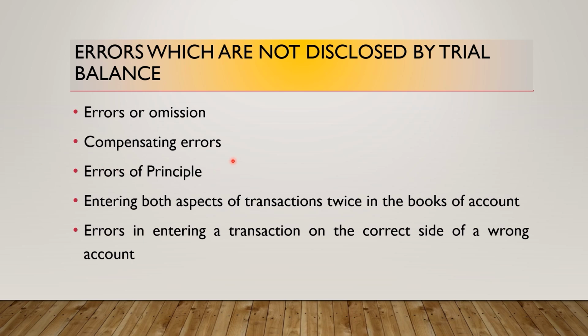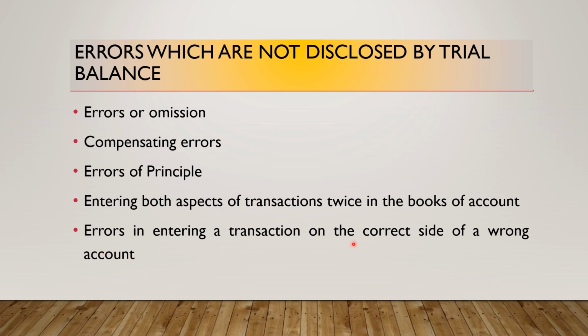Error at one place is compensating the error at another place. Errors of principle, we are not choosing the account properly in which the entry has to be made. Entering both aspects of a transaction twice in the books of accounts. If we totally leave one transaction or we record a transaction twice, in both the things arithmetical accuracy is not disturbed, so trial balance will not help us in locating these kinds of errors.